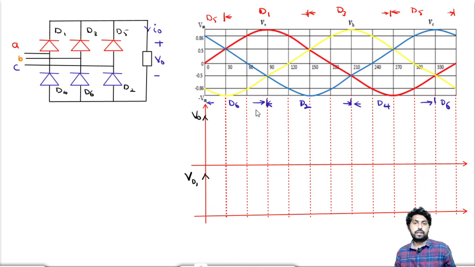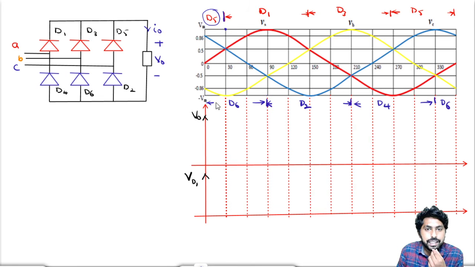Now observe here. From 0 to 60 degrees, D6 will conduct. From 0 to 30 degrees, D5 is conducting. So in the bottom line, 0 to 30 degrees, the device is D6.